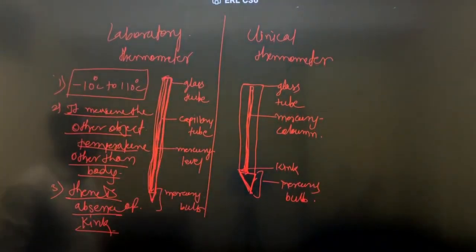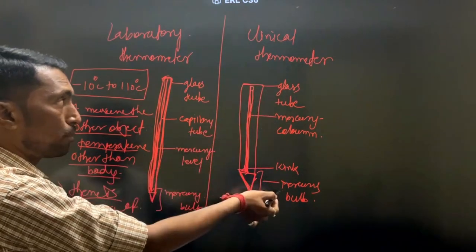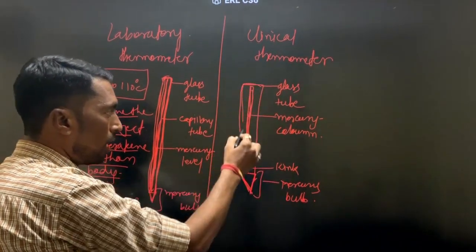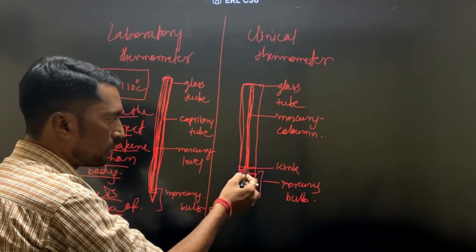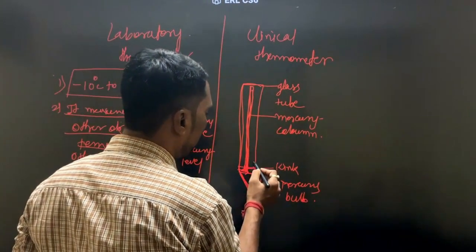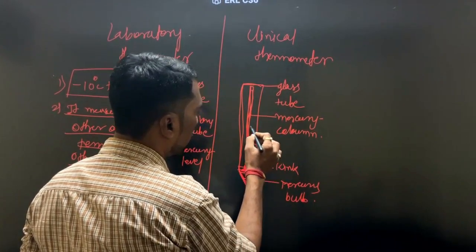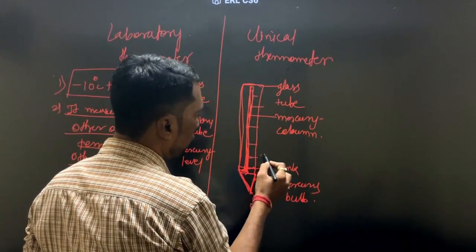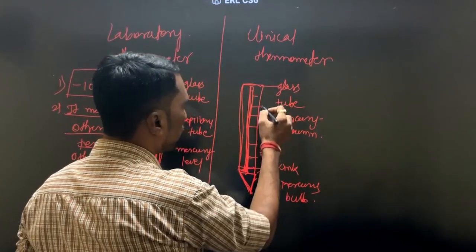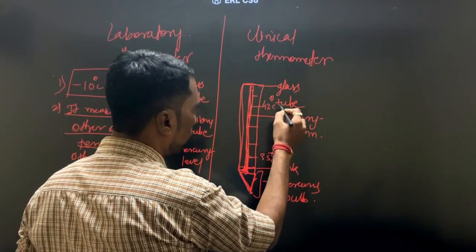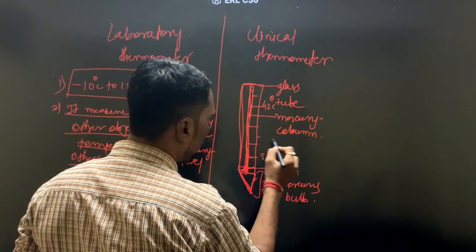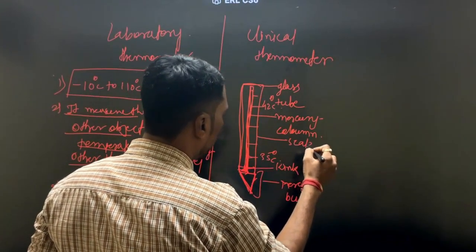But kink is not present in a laboratory thermometer. These are the parts in a laboratory thermometer. One more part is there, that is called the scale. The scale in the clinical thermometer starts from 35 degrees Celsius up to 42 degrees Celsius. Scale is also present here.